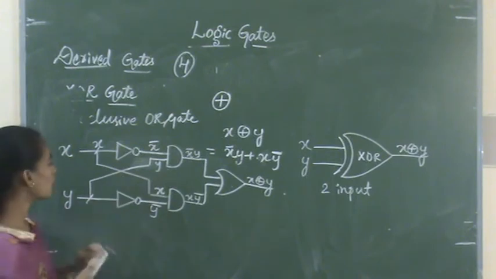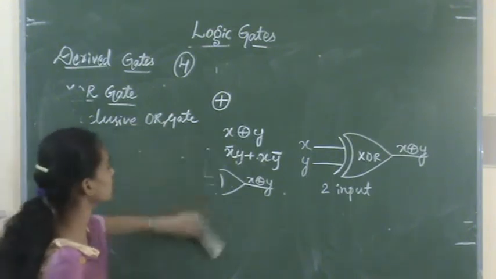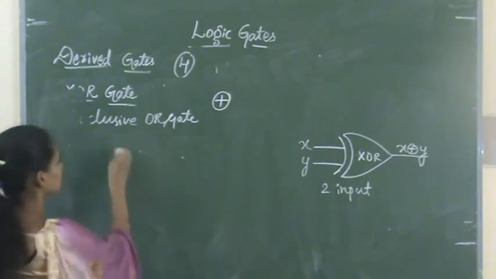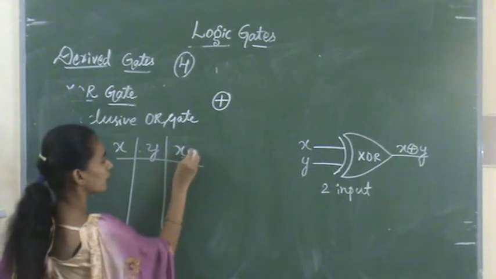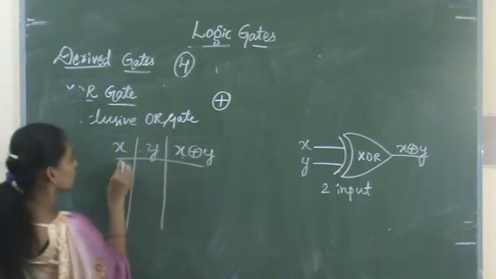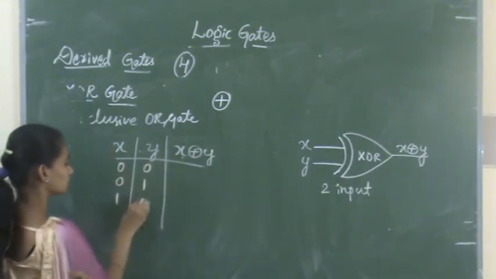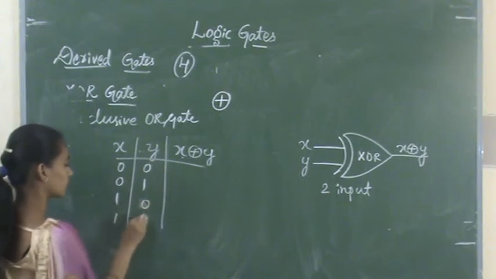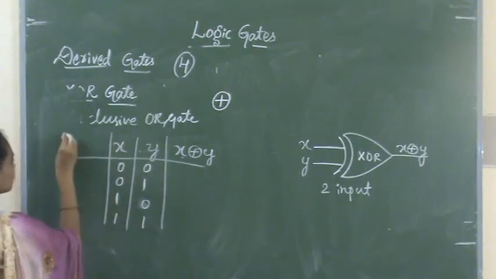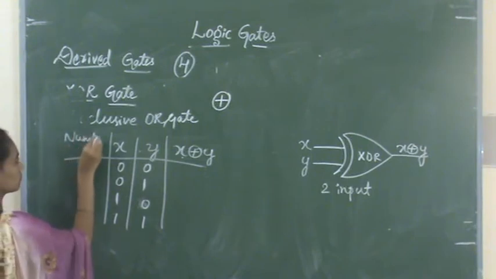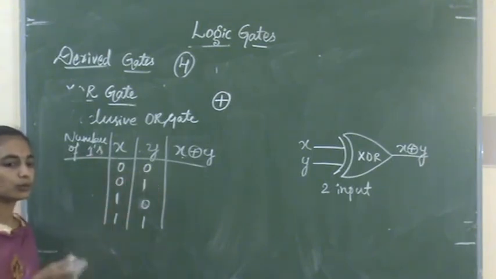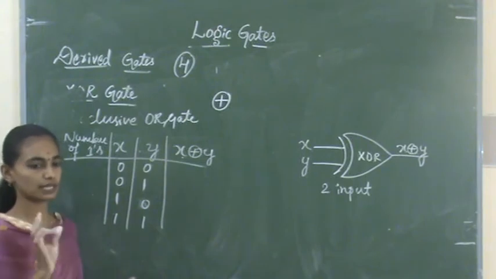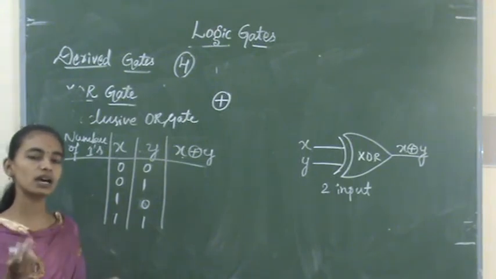So how do we write the truth table for XOR? If we are using two inputs X and Y, 0 0: here we have two zeros. Is there any one? No, so 0 ones. Is 0 even or odd?